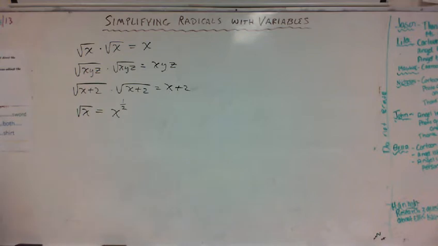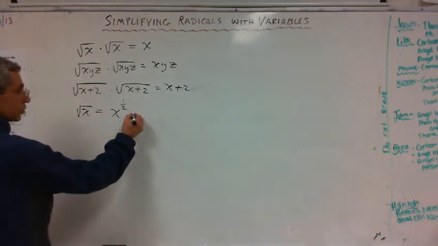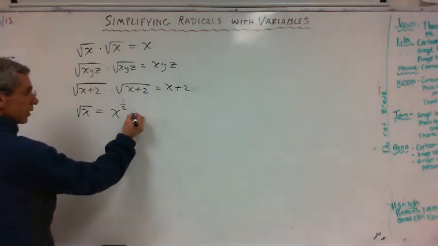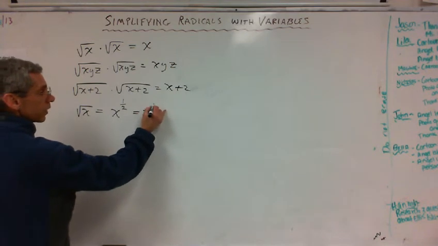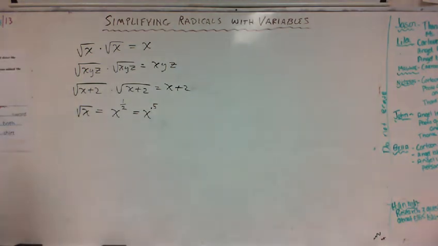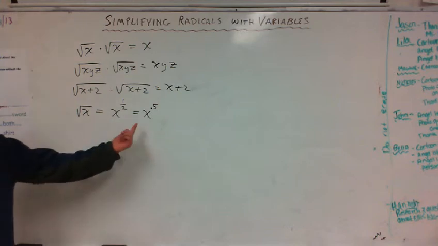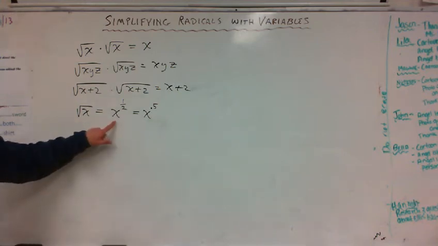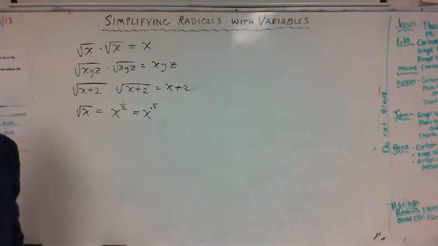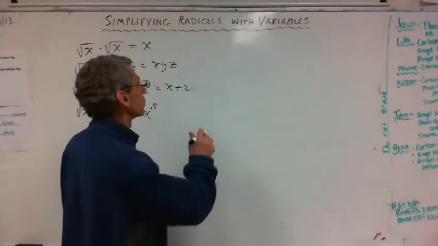That's really important to know, and you'll see why in just a few minutes. You could also write that as x to the 0.5 power, because 1/2 is the same as 0.5, right? So when I have the square root of x, it's really x to the 1/2 power. That's interesting, and you'll see why soon.